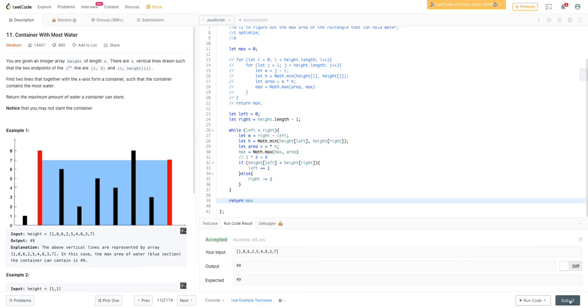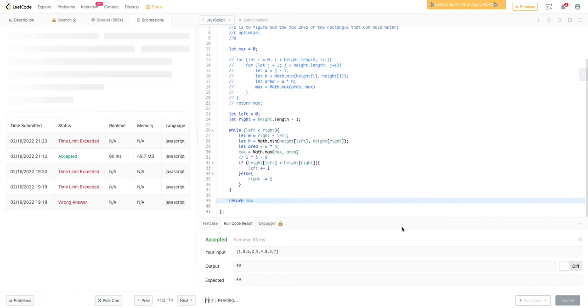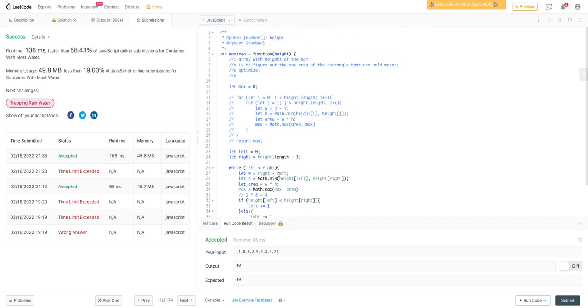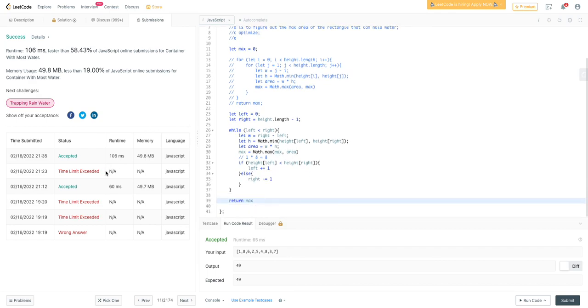Okay, and let's try to submit it. Okay, so this works. So this one would be much faster than solving it the other way, because the other one was causing us to exceed the time limit.